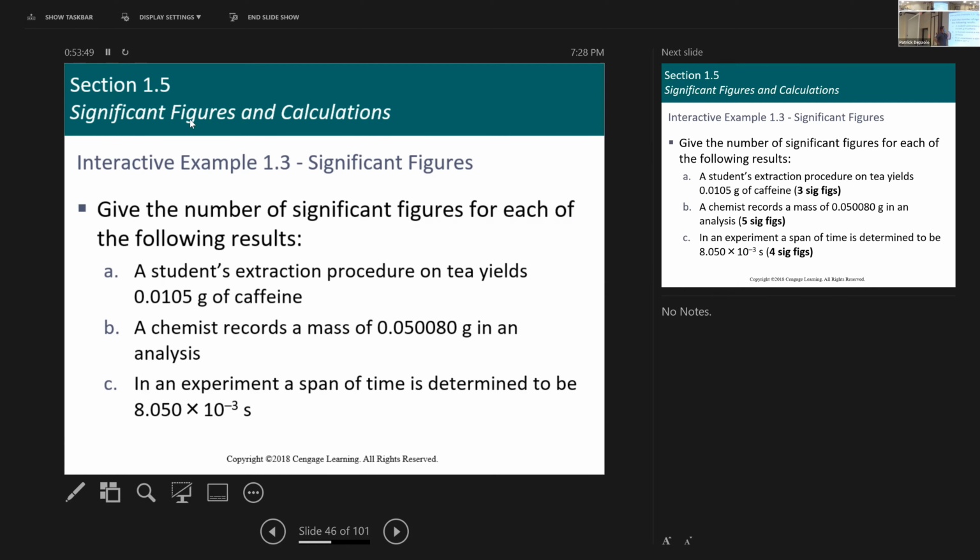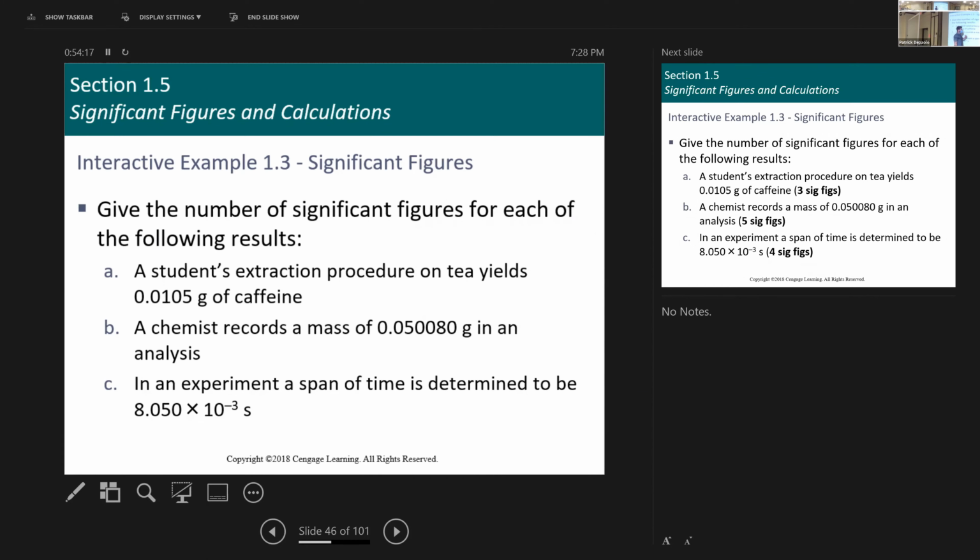It is 3 because even though there's a decimal point, these are leading zeros. That's where this stuff gets confusing, because you would think, oh, the professor said decimal point, significant, right? But it's only the trailing zeros that are significant when there is a decimal point. So these are leading zeros. Whether there's a decimal point or not, they're not significant. So there would only be 3.